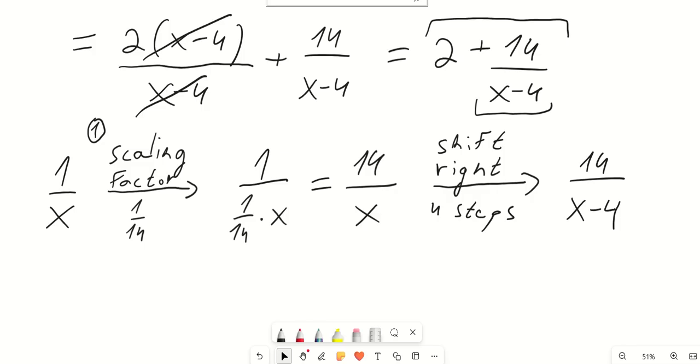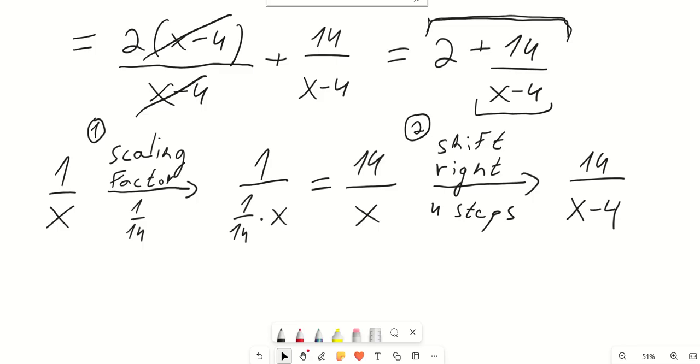This is how it works with the shifting. If I shift right 4 steps, instead of x, I write x minus 4. And if I shift to the left side, then I would write it with a plus sign, x plus 4.